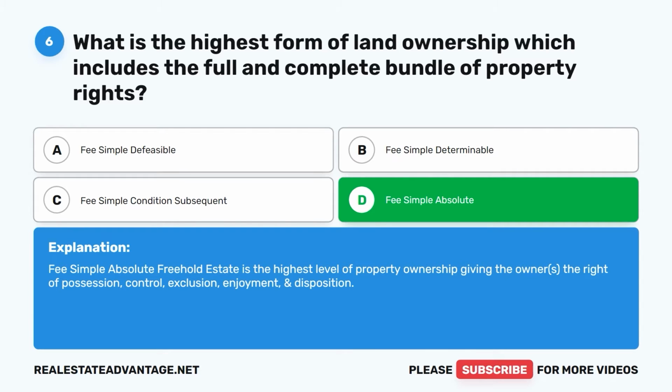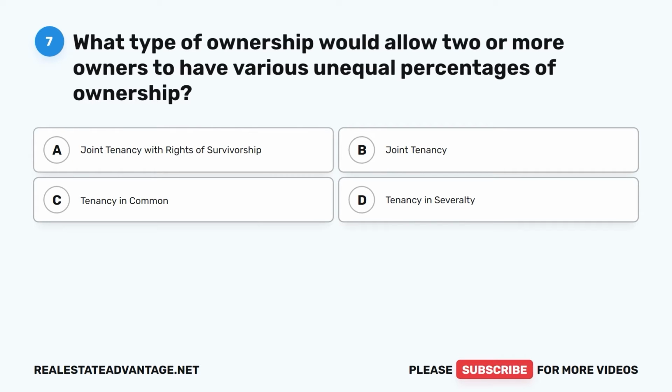Fee simple absolute freehold estate is the highest level of property ownership, giving the owners the right of possession, control, exclusion, enjoyment, and disposition.